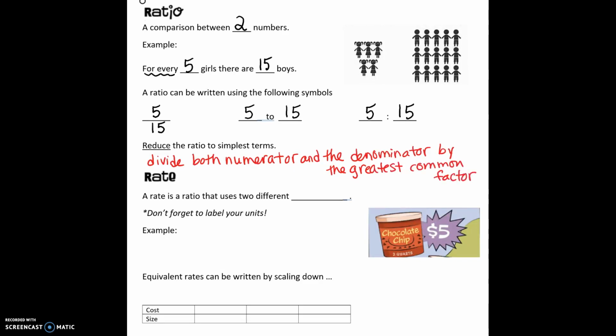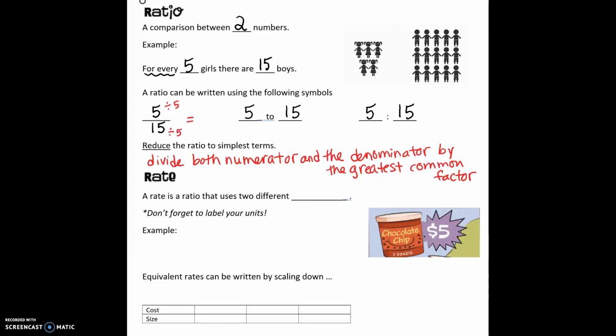If we look at these two numbers in our ratio, 5 and 15, the factors for 5 are 1 and 5. Well, 5 is also a factor of 15, so the greatest common factor for both 5 and 15 is 5. We can divide both the numerator and the denominator by 5.